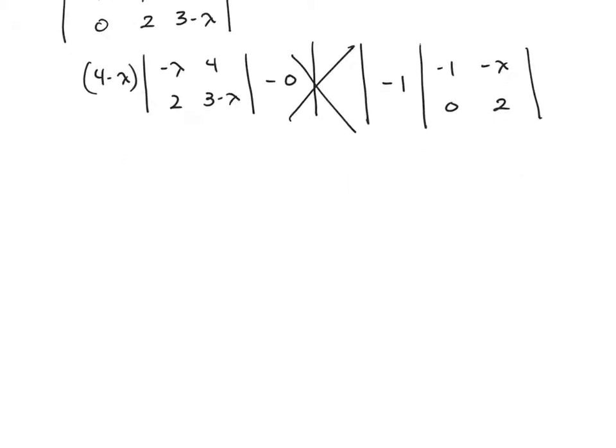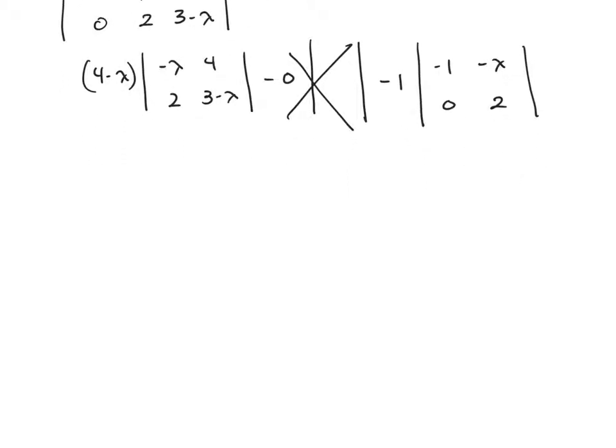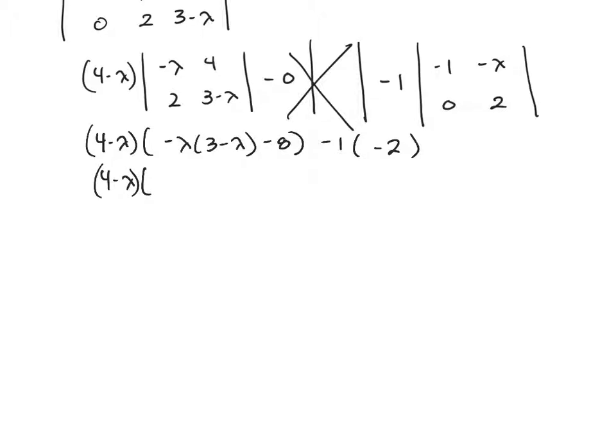So now I'm going to go ahead and solve the next line, which is to say that this is 4 minus lambda. And then this is going to be negative lambda times 3 minus lambda minus 8 minus 1 times -2, and then there's the 0. And so this is going to be 4 minus lambda times -3 lambda plus lambda squared minus 8 plus 2.